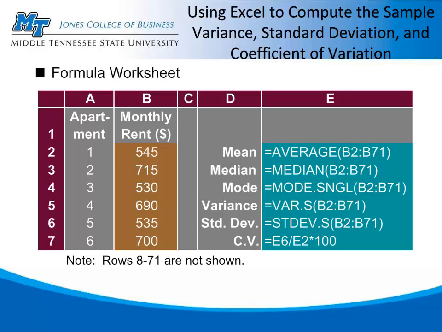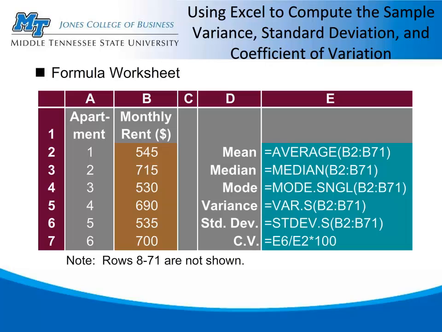That's going to divide by n-1. If you use var.p, p stands for population, and it'll divide by the number of elements rather than n-1. Same thing for stdev.s and stdev.p. The .s version is for the sample and the .p version is for the population.